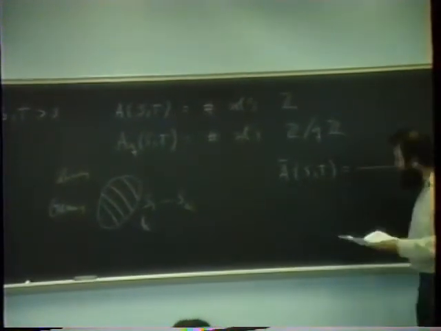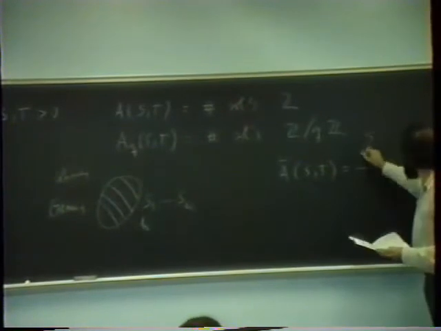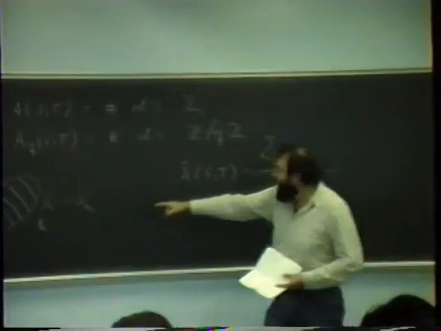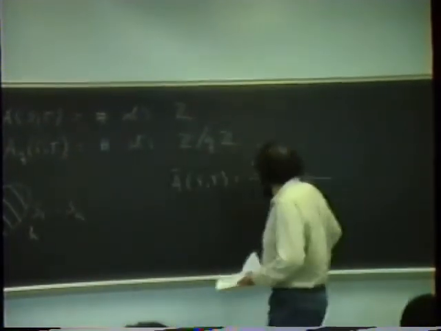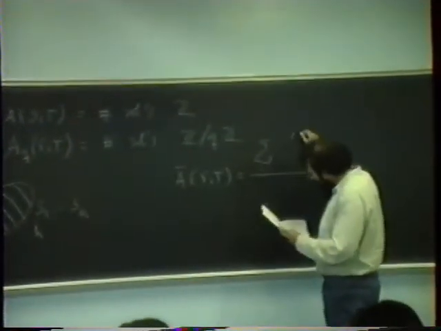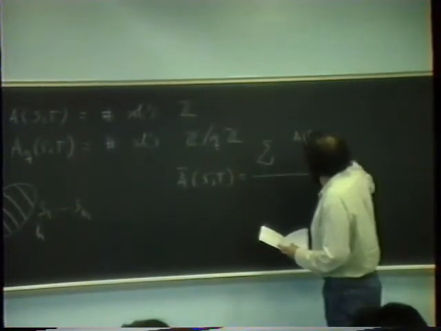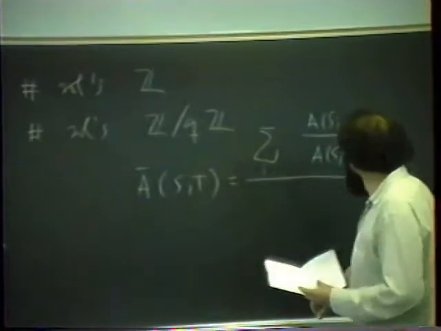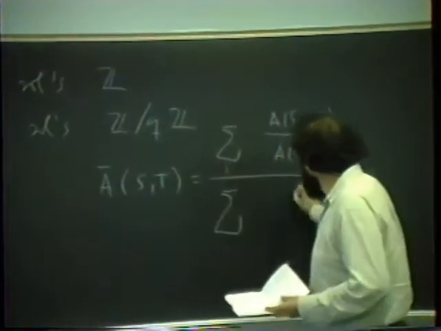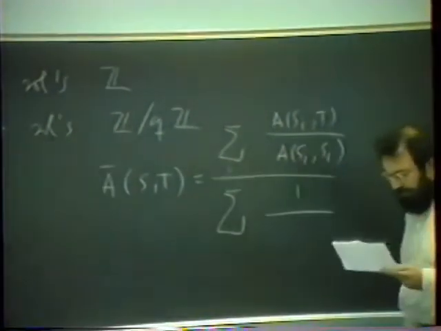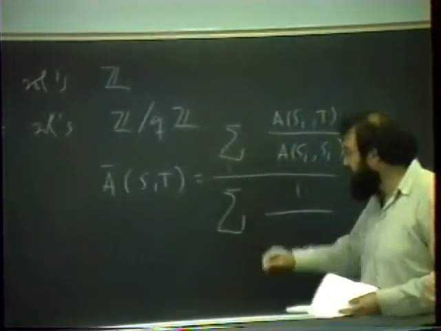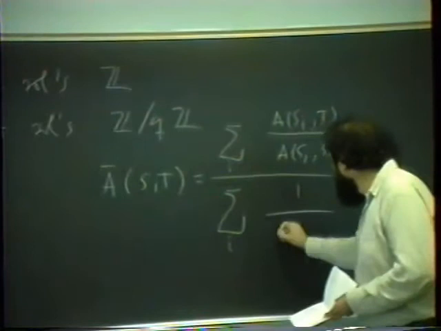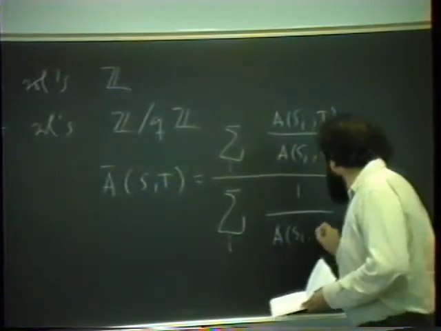So let's define this mean number to be the sum over the different classes in the genus of A_{S_i}(T) over A(S_i), and all of these divided by what Eisenstein would call the weight of the genus, which is the sum, again, over the same indices of 1 over A(S_i).